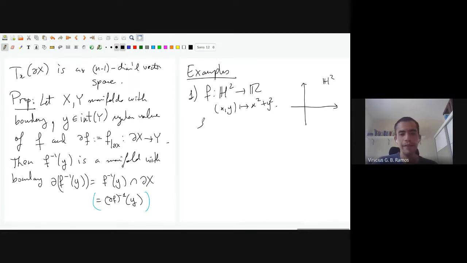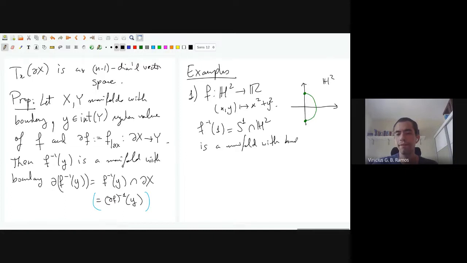Then what is the pre-image of 1? Well, the pre-image of 1 is going to be S1 intersected with H2. So this is the pre-image of 1. And you see this is a manifold with boundary. So this is a manifold, and the boundary is these 2 points.